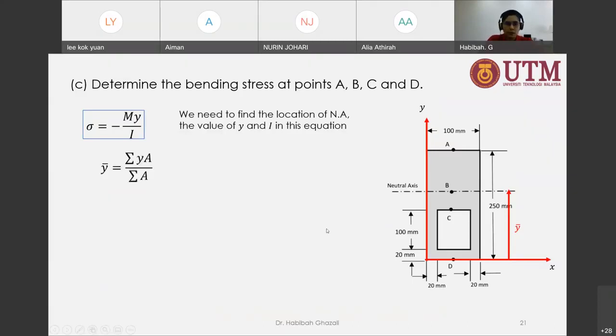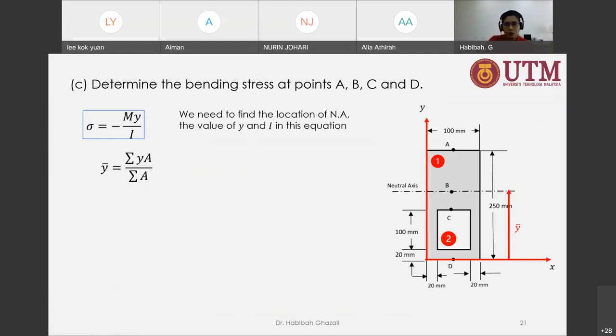So I need to use this equation, the sum of Y A over the sum of A. The Y here is the centroid of each segment, segment 1 and segment 2, and A is the area of each segment. For shape 1, I denote the bigger rectangle, and shape 2 is the hole. The hole has the shape of a smaller rectangle. That is what I define.